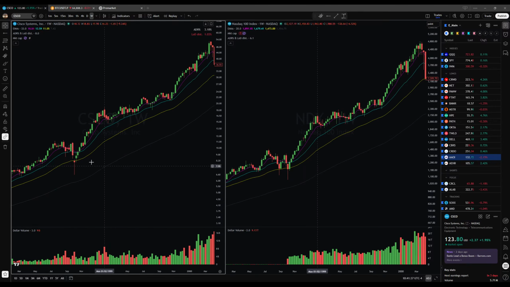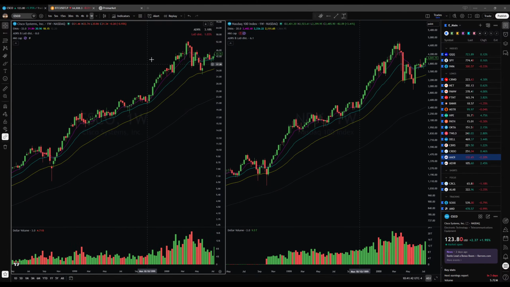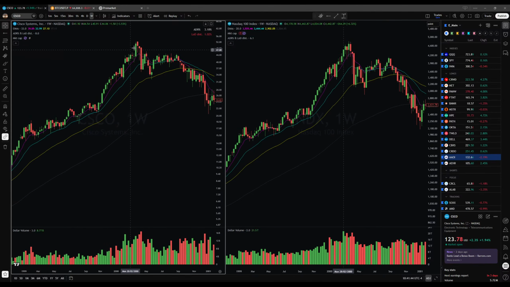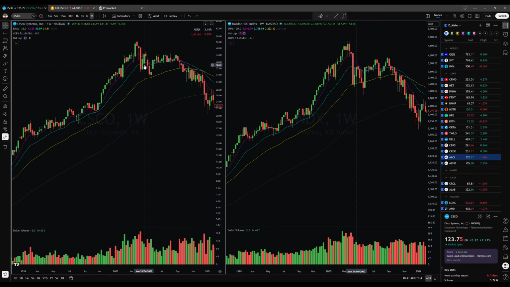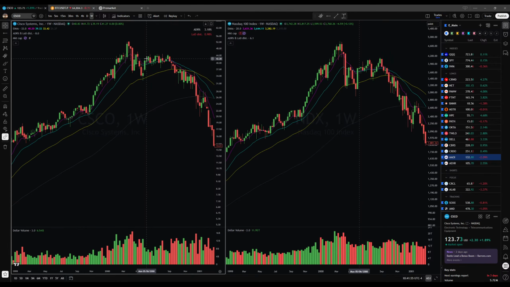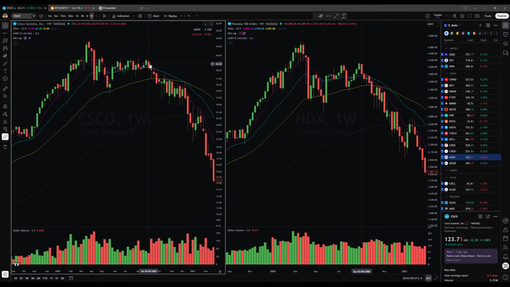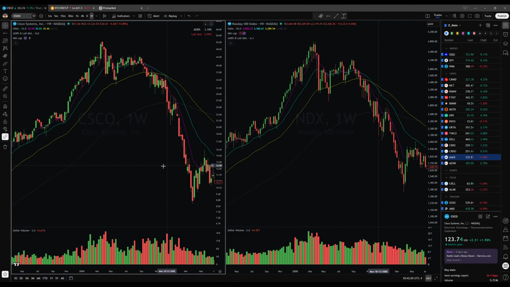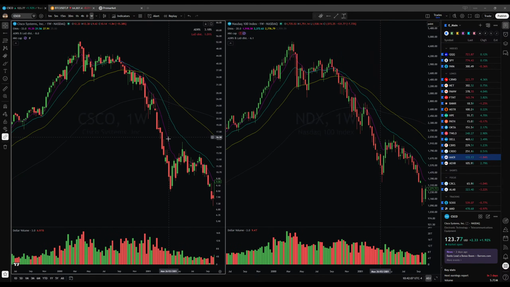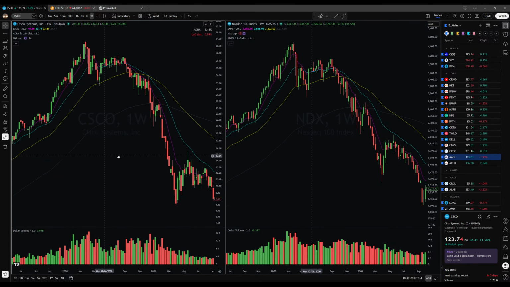Its moves were pretty similar to the Nasdaq's. So they topped at the same time and then pulled back to the 50 EMA on the weekly, going sideways, failed to break out, and then we got a breakdown below the 9 and 21, and then just followed the 9 EMA all the way down.